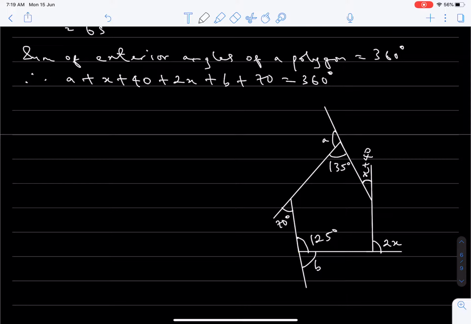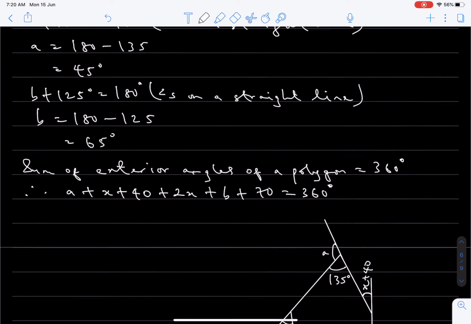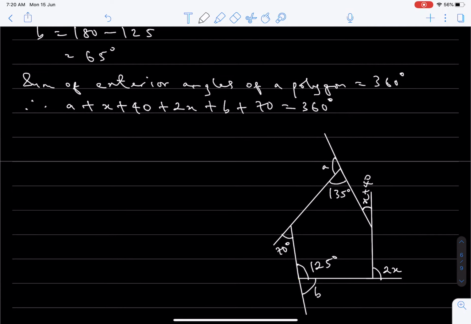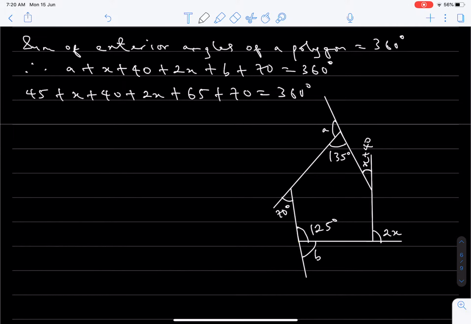And then we say, what is A? Of course, A is 45 degrees, which means 45 plus x plus 40 plus 2x plus B, which is 65, plus 70 equals 360 degrees. Let me take this out now.